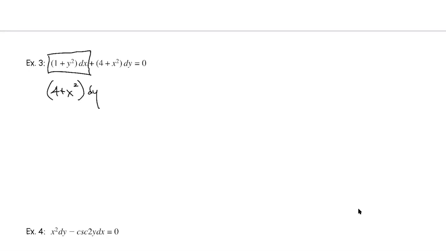Okay, but we want to keep the dy's on the left-hand side. I subtracted 1 plus y squared dx. Yeah, again, by convention, we typically move the dx. We don't really move the dy. So we'll have 4 plus x squared dy equals negative 1 plus y squared dx.